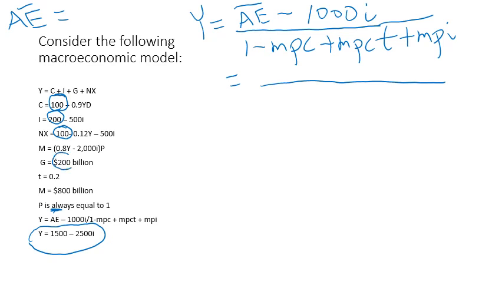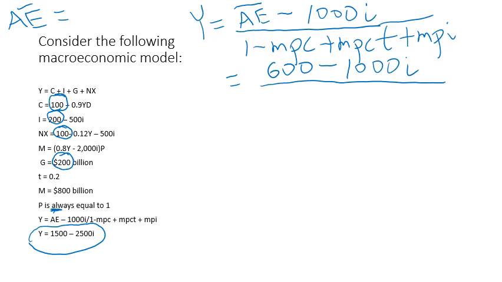And then autonomous government spending, so that makes it 600. So autonomous aggregate expenditures are 600 minus 1,000i. And what do we have in the denominator?